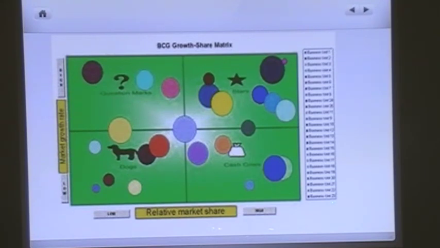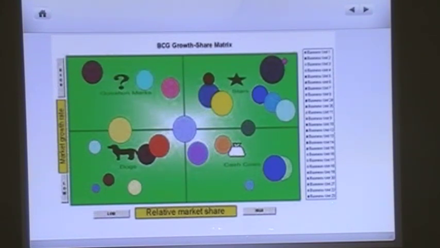If I have to define the BCG matrix, as I mentioned before, it is used as a model to measure growth and market share with respect to your product portfolio. So it's a corporate planning tool which is used to portray a firm's brand portfolio or a number of strategic business units on a quadrant along the relative market share axis.